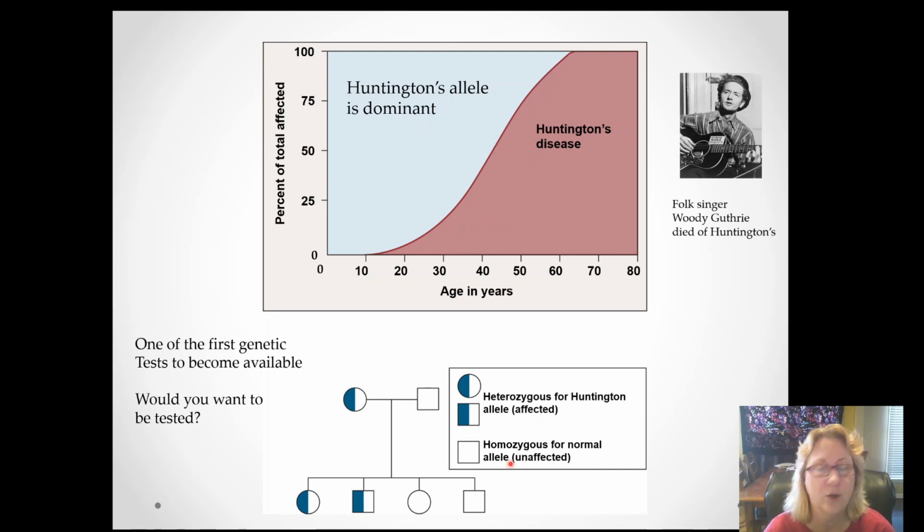You notice there are no carriers, because if a trait is dominant, we always see it in the phenotype. So if you have one allele for Huntington's, you will see it in your phenotype eventually, if you live long enough. The gene that controls Huntington's disease was one of the first genetic diseases for which the gene was found.